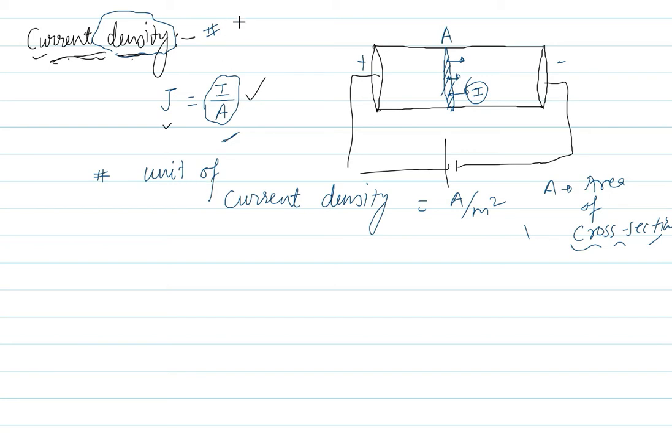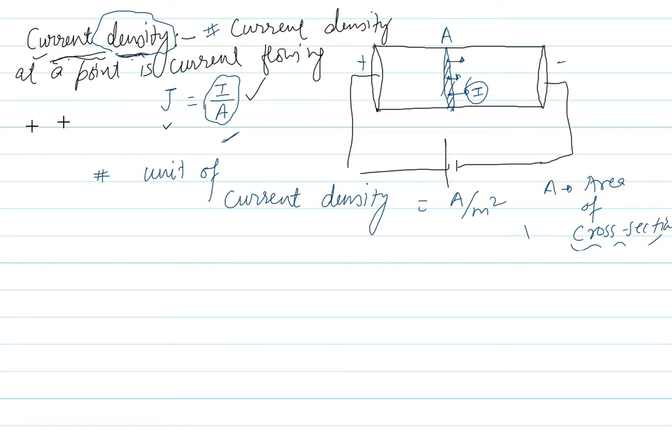Current density at a point is what? Current flowing per unit area. Per unit area, right? So J is what? I by A. Unit is this.